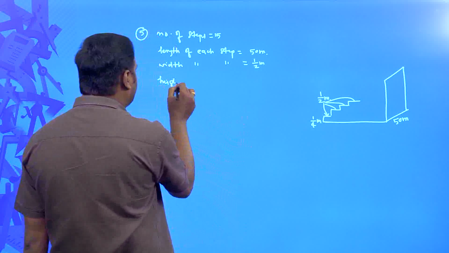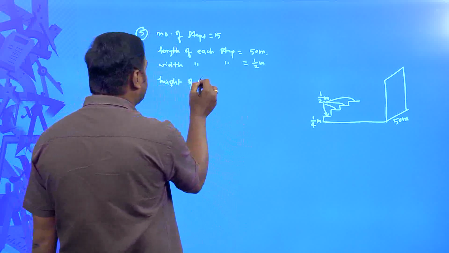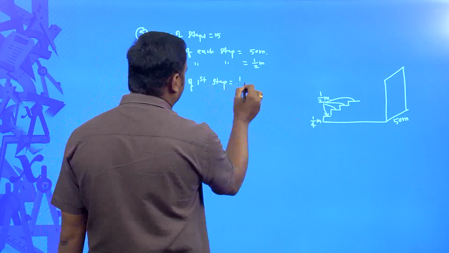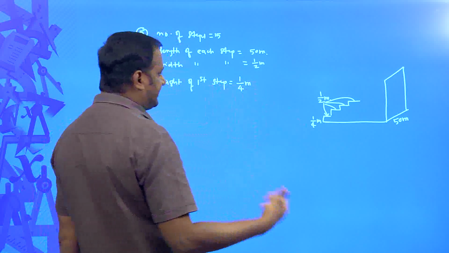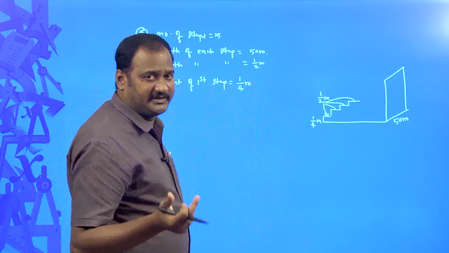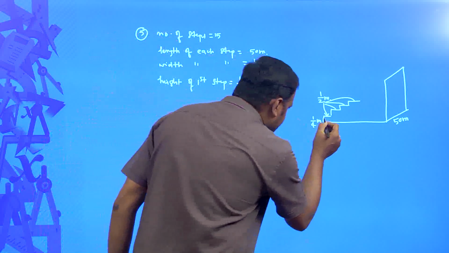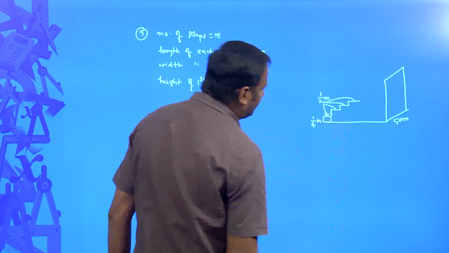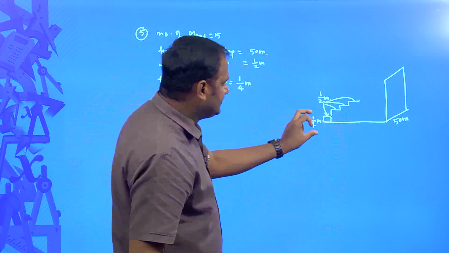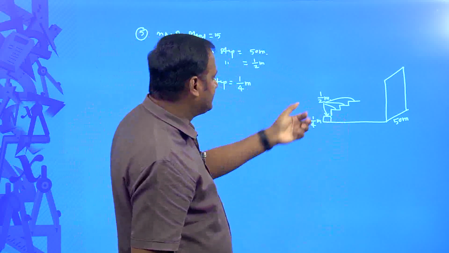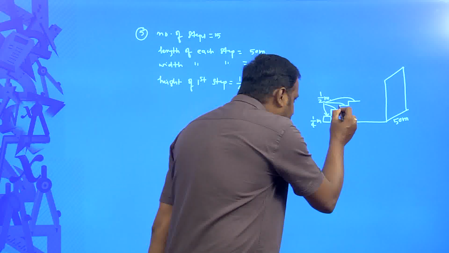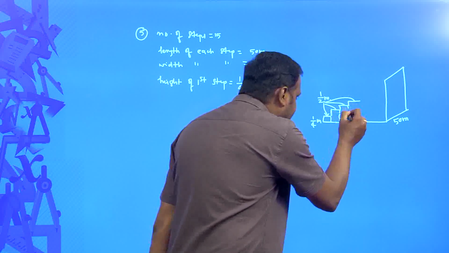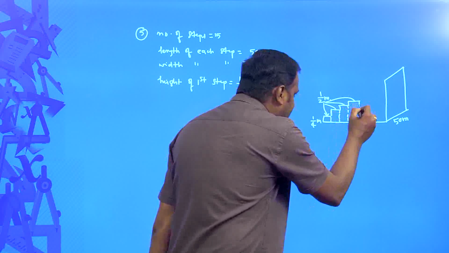The height of the first step is equal to 1/4 meter, and for the second step one more 1/4 meter will be added, because this is the first step and this is the second step. So, this is the thickness of the second step, this is completely the thickness of the third step, the fourth step and fifth step, like that.